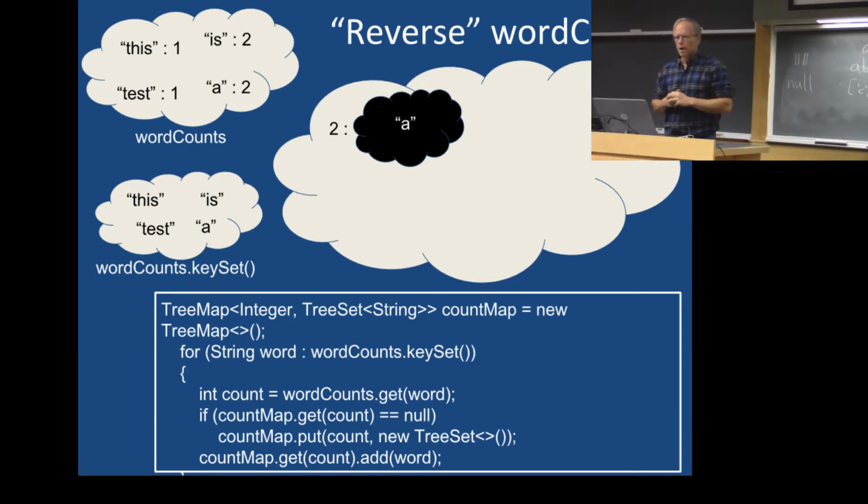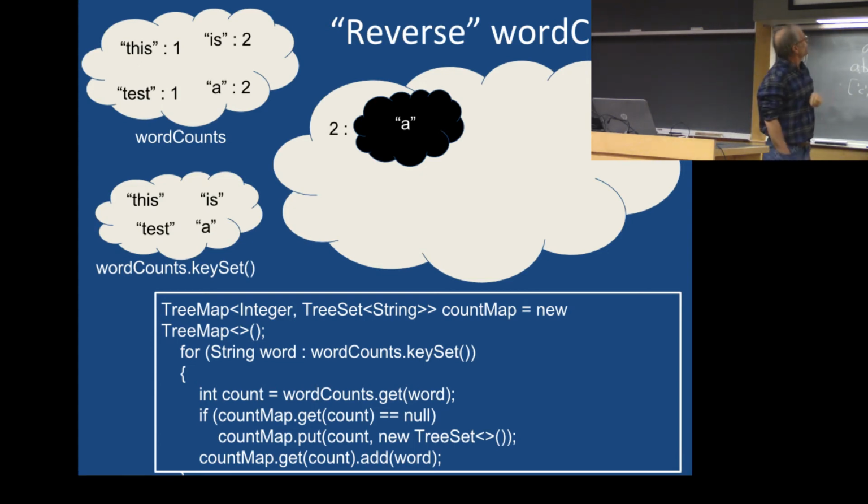Okay, now, what's going to happen the next time through the loop? This time we'll get is, which is next. We put is in the same set as another element. So we'll look up is over here. We found out is occurs 2 times up there in word counts.